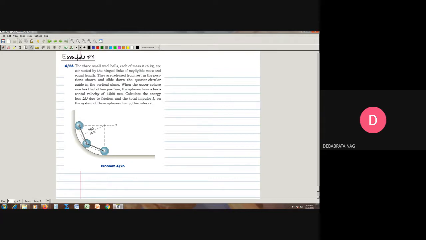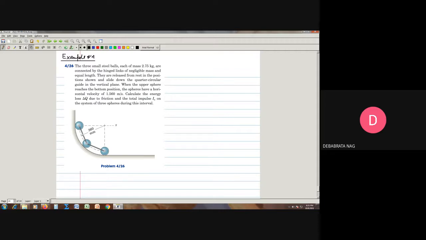They are released from the condition of rest in the position shown. So this is the initial configuration that has been shown here, and the assembly slides down the quarter circular guide in the vertical plane.